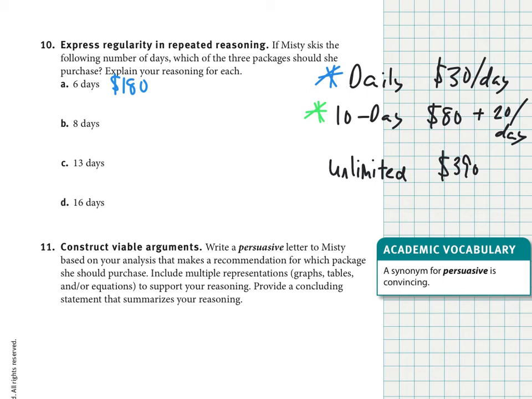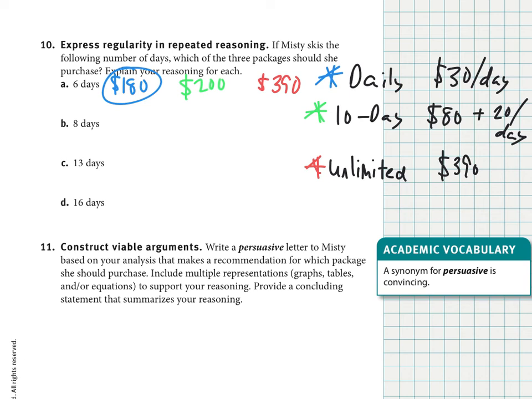So we're adding $120. That would be 80 plus 120, which is $200. If she chose the unlimited option and went 6 days, the unlimited option is $390 no matter what. So in this case, her best option would obviously be the daily package.